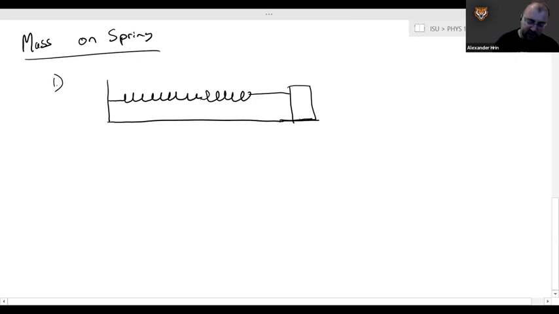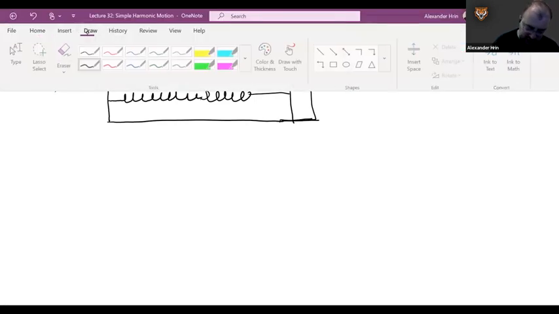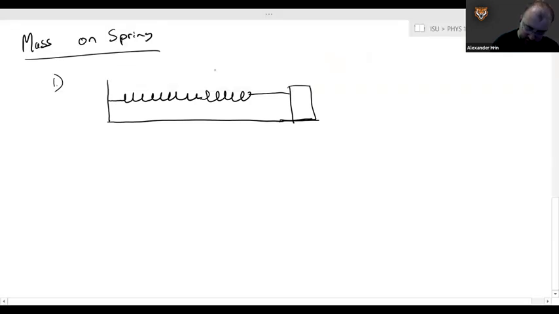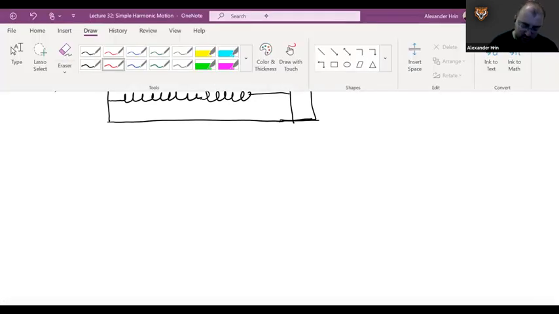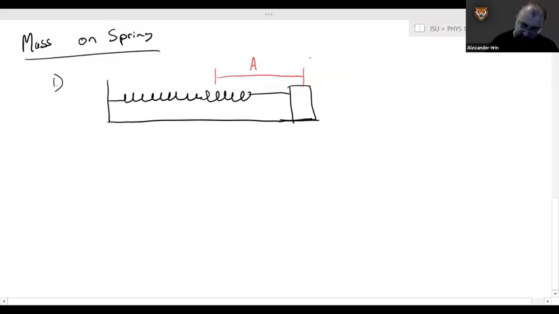Basically, I also want to color code things, so we'll go with red. Right now, that would be the amplitude. If that's the amplitude, then we've got a velocity of 0. So basically, this is as far as you stretch it.